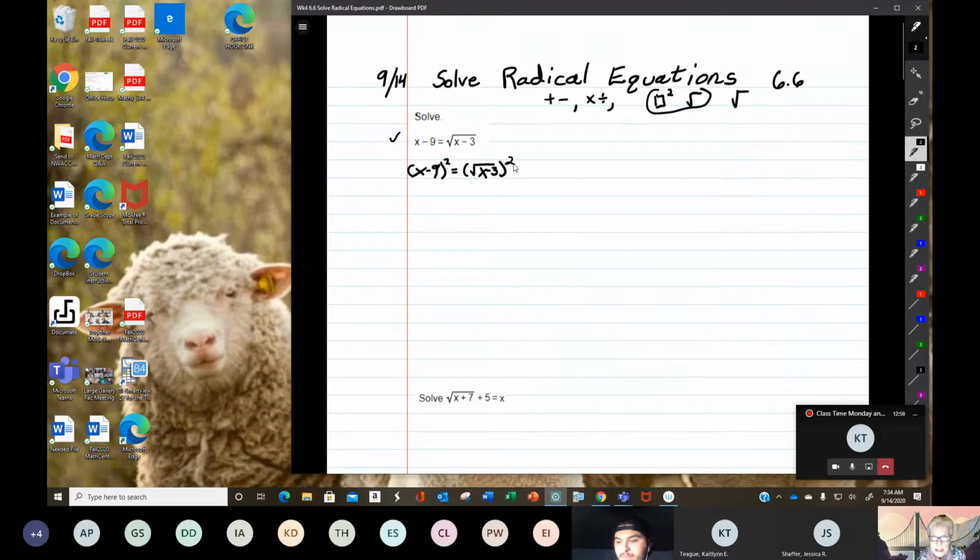because square roots and squares are inverse operations and they undo each other, if I square a square root, then what I get is this. But over here, life is not that easy. When I square a binomial that's not under a radical, this is what I get.